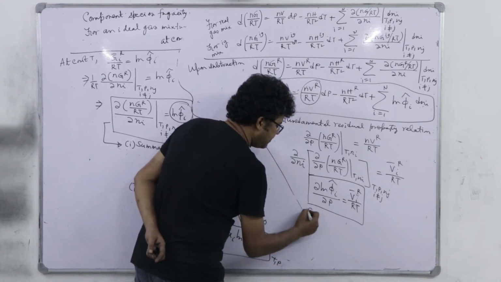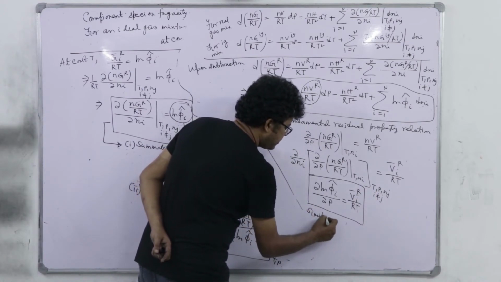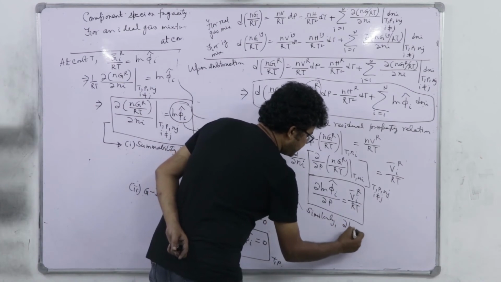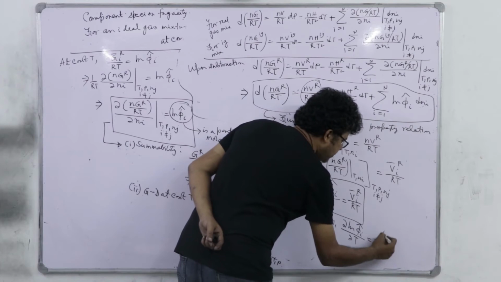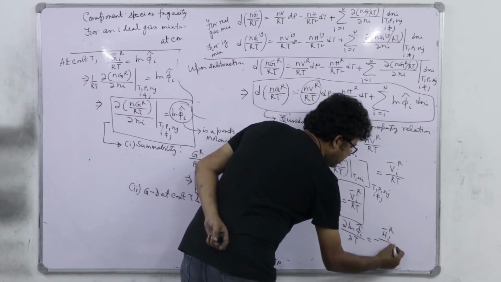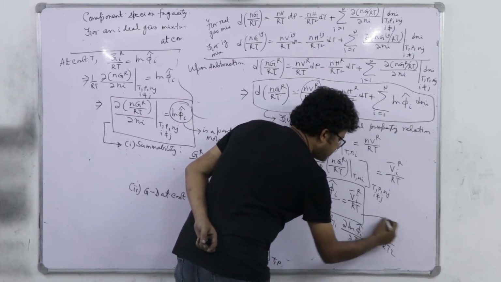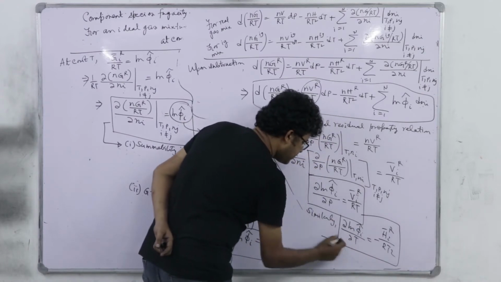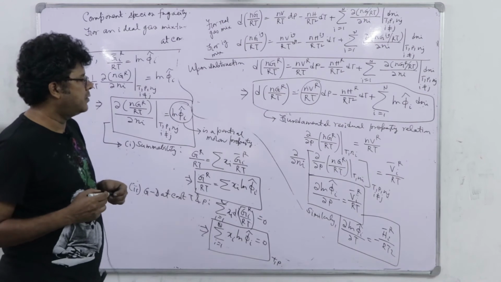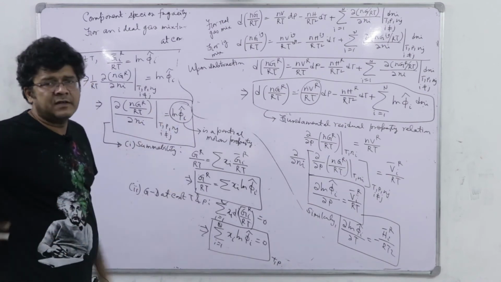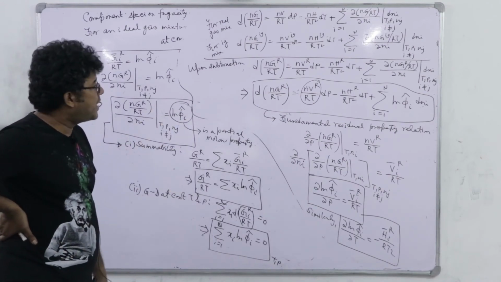And similarly, del of ln phi i cap, del T, equals minus Hi R bar by RT squared. So, that is about the different properties of this phi i cap.